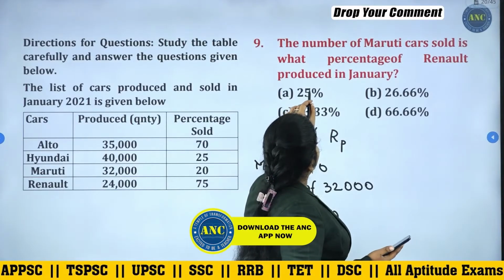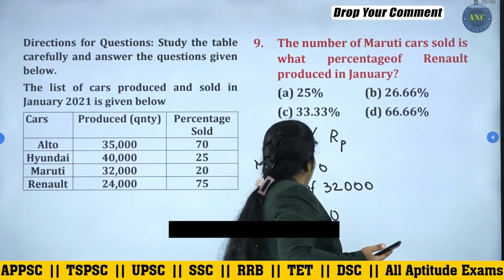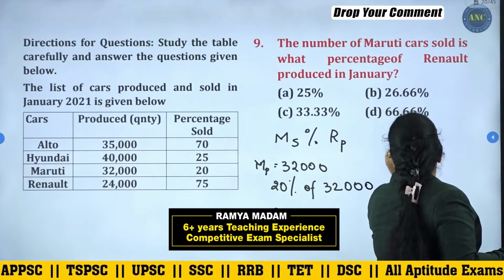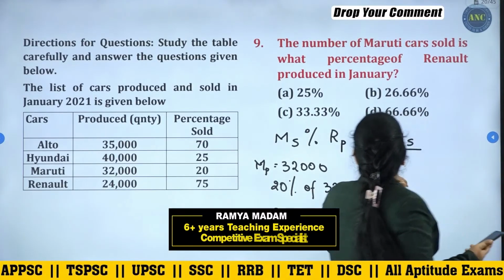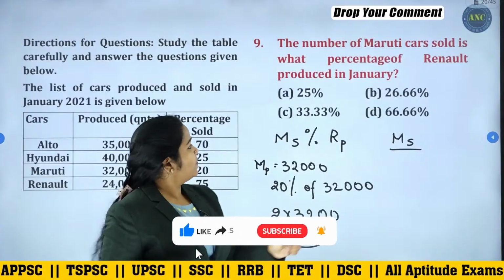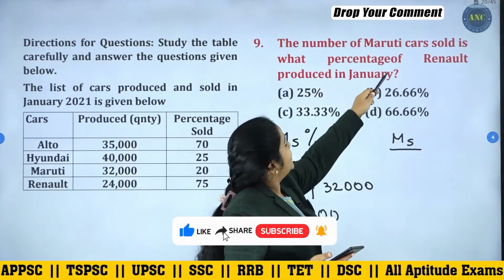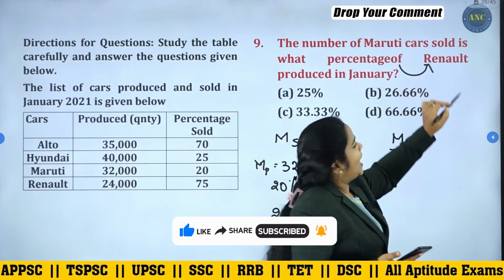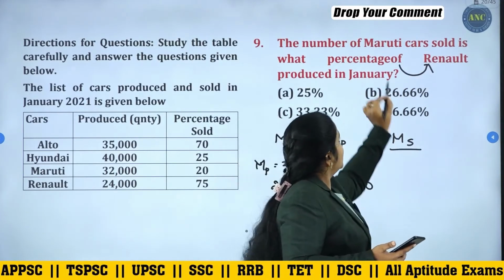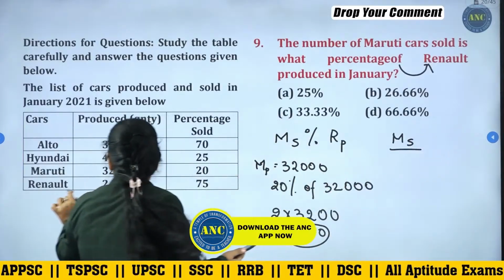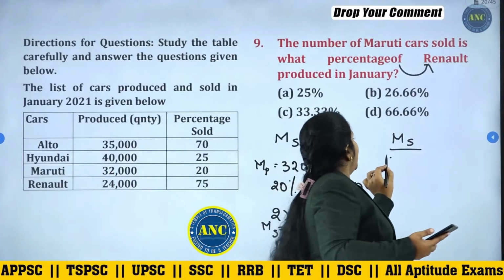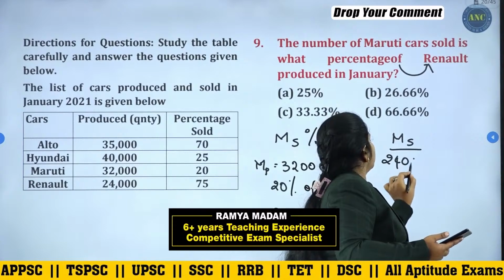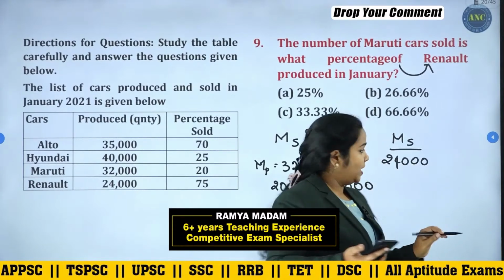Now we have to take the percentage of the sale of Maruti, with what I told you in the beginning. They asked what percentage of Renault, so whatever comes after "of" will come in the denominator. Renault production is how much? 24,000.